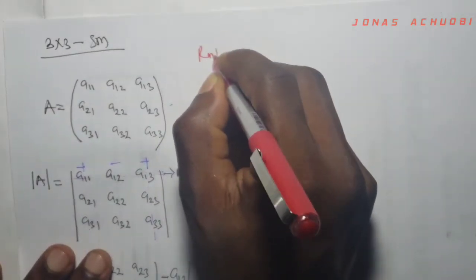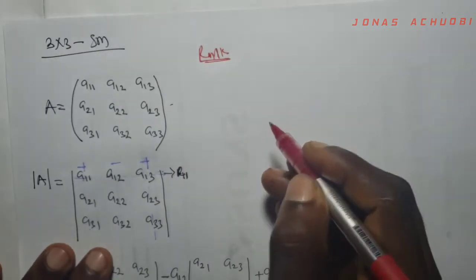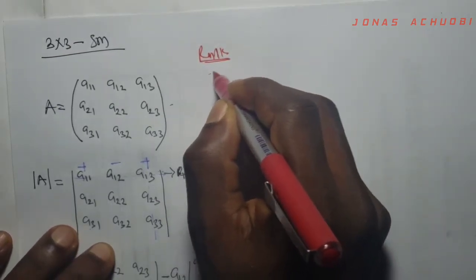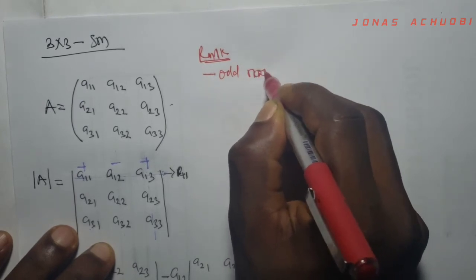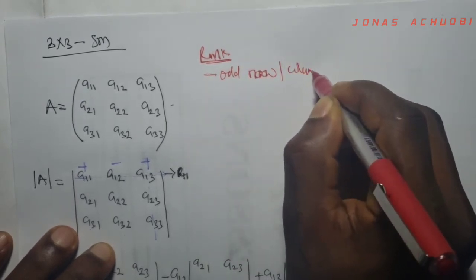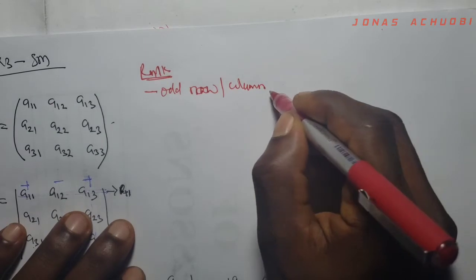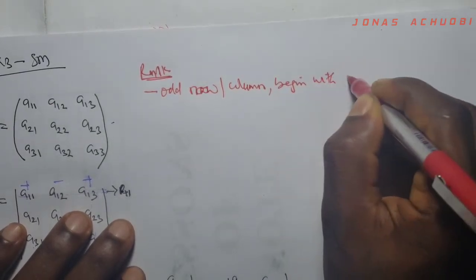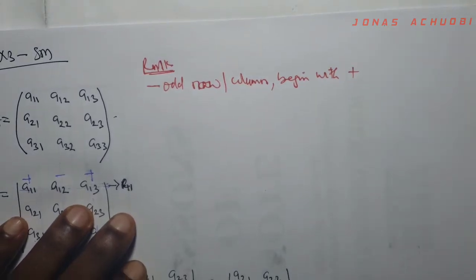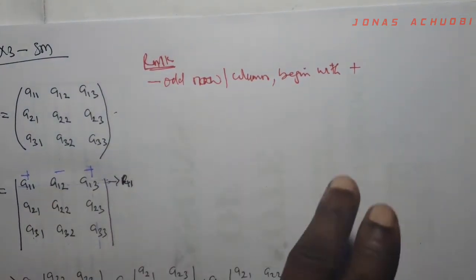If you're expanding through an odd row or column, begin with plus.